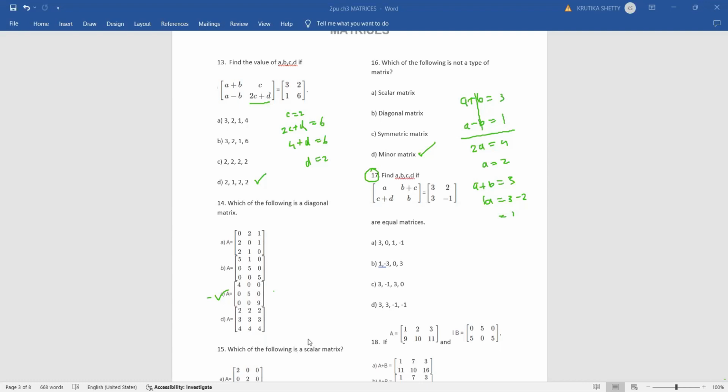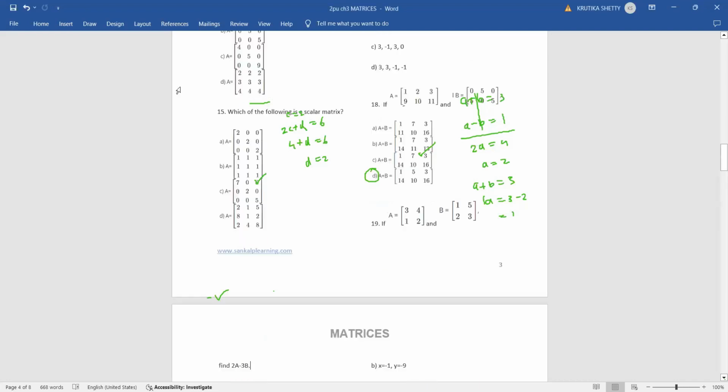Come to question number 15 now. The question is based on types of matrix. Here the question is about a scalar matrix, an example for a scalar matrix.